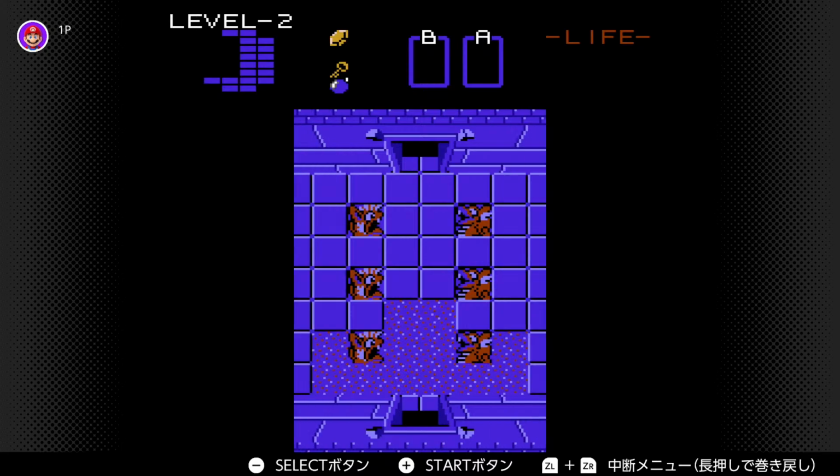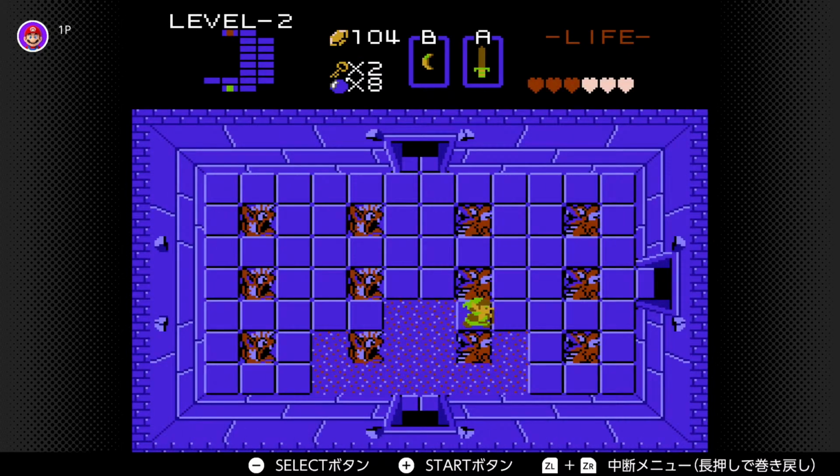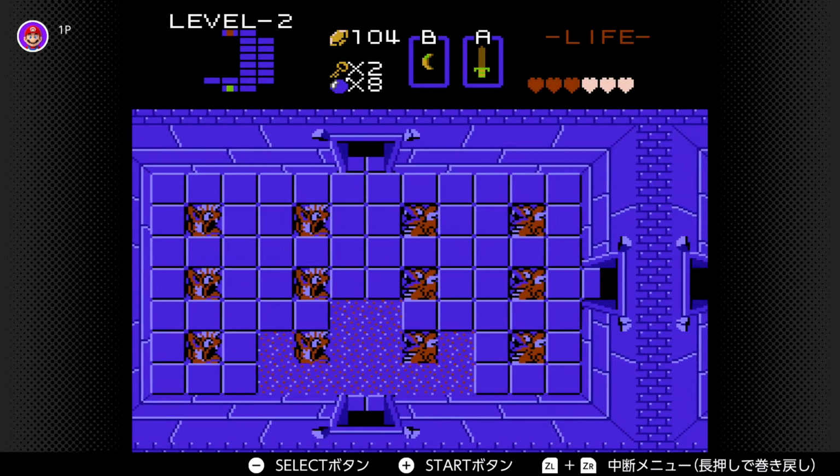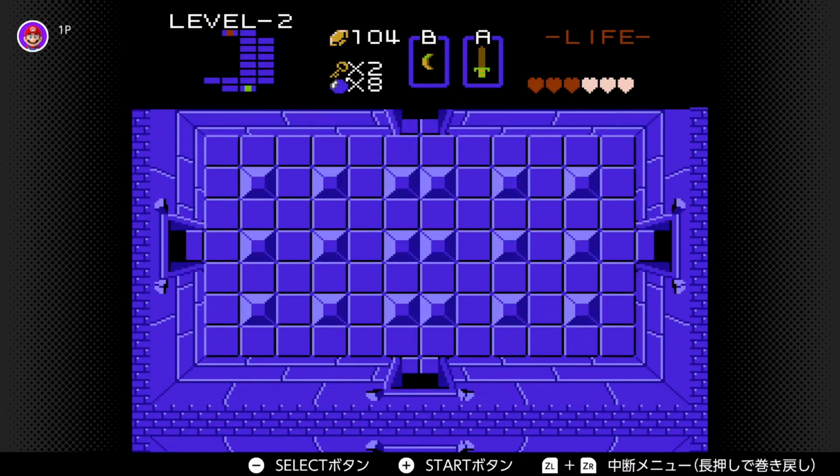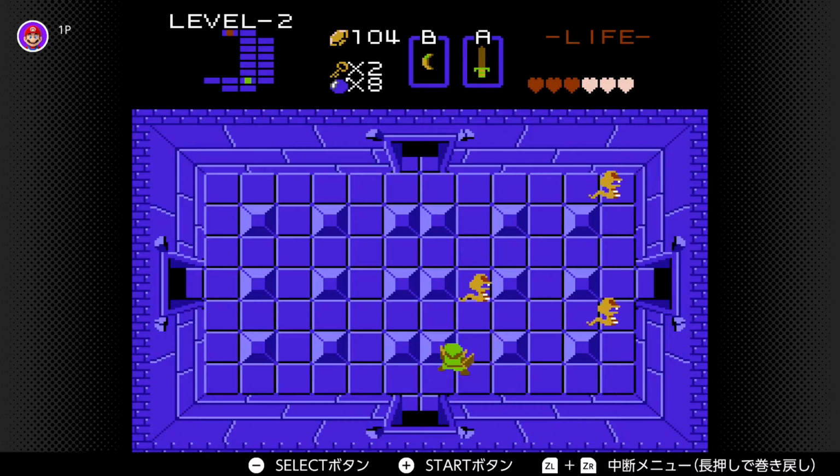But let's try again. If needed, I will use a rewind, but luckily here it's so quick to go back there that honestly it's not needed.